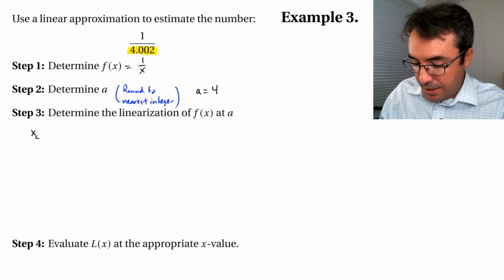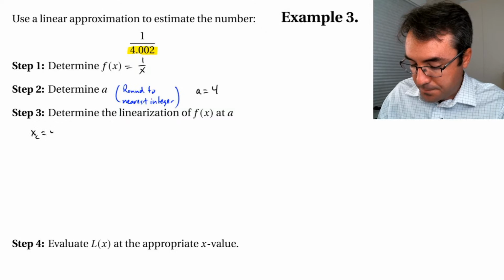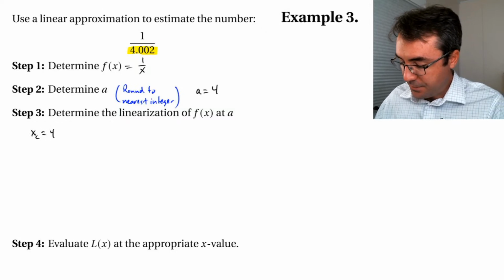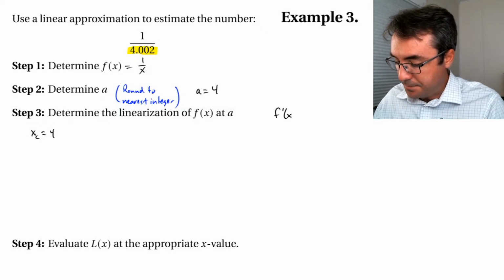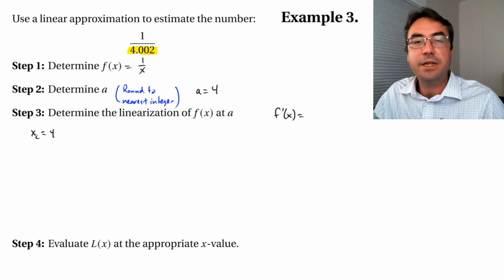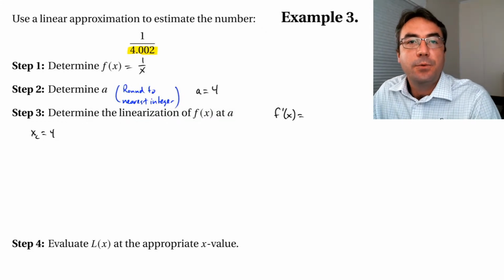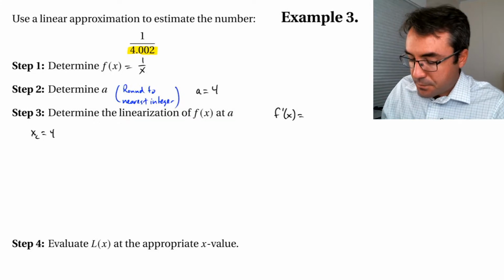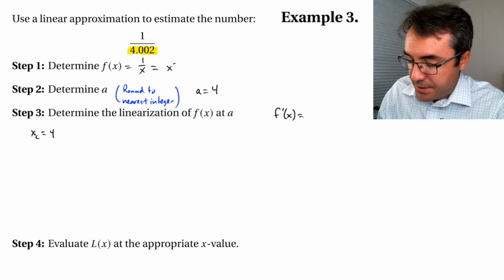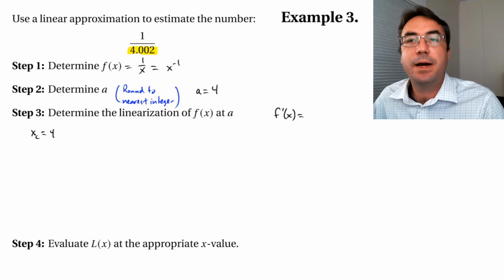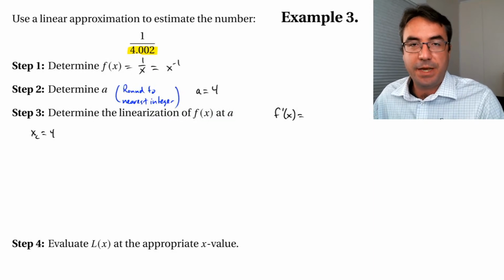So our x-coordinate is 4. And let's figure out f prime while we're at it. We know we're going to need the slope of our tangent line, so we need our derivative. Just rewriting this, it's x raised to the minus 1 power. So this is just basic power rule.